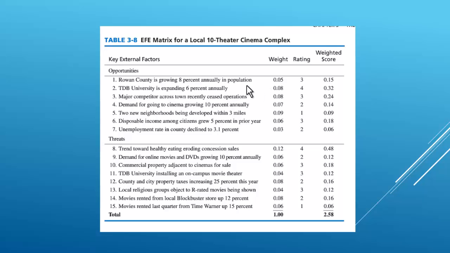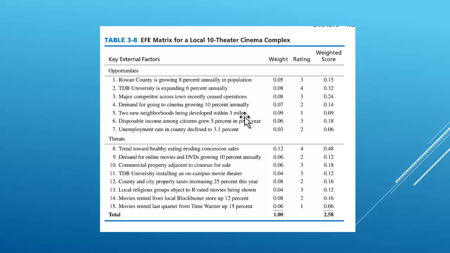This would be demographic information. Notice we have it in a couple of places from our external scan: 8% here, 6% at a university which is growing, and demand for going to the cinema is growing by 10% annually. So those are some of the demographic things they've looked at.